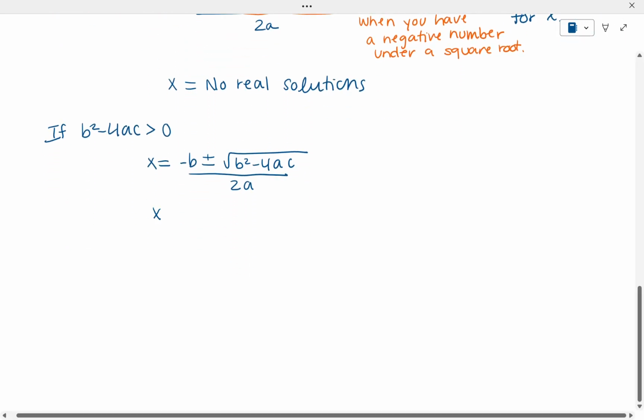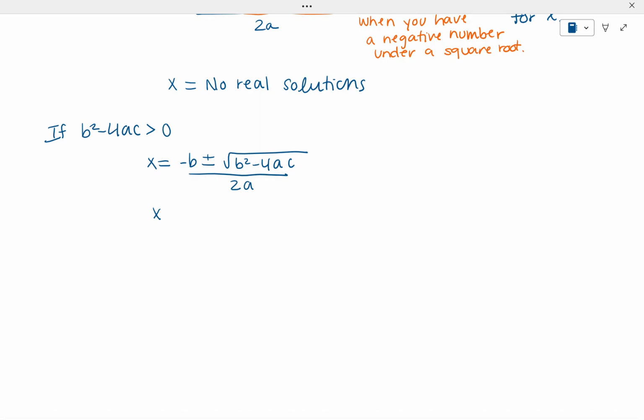And b squared minus 4ac is some positive number. We don't have a specific example, so a, b, and c aren't defined, so we can just write that there's some positive number underneath the square root, over 2a.